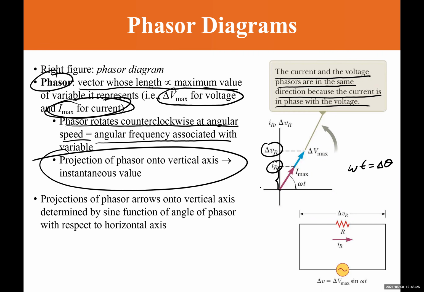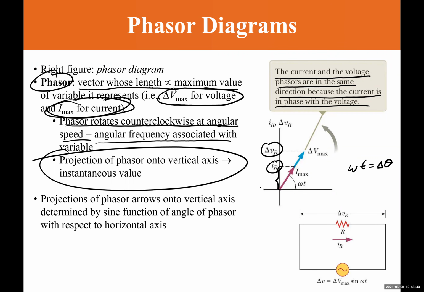So you have an inductor and a resistor, or a capacitor, a resistor, and an inductor, all of those together. In that case, you might have a more complicated configuration, and phasor diagrams can help you.